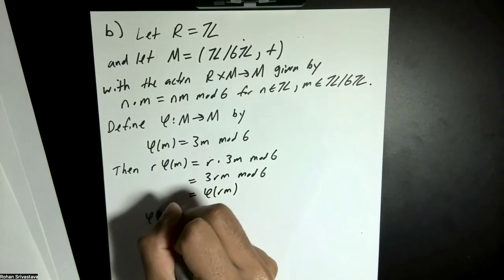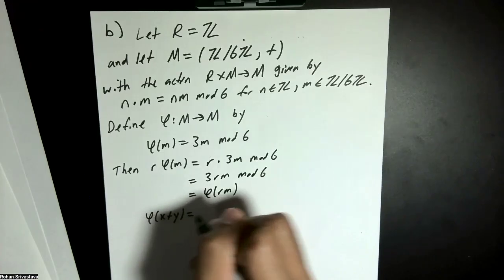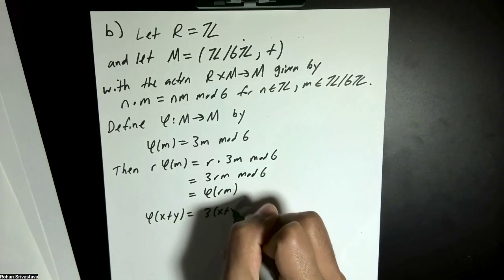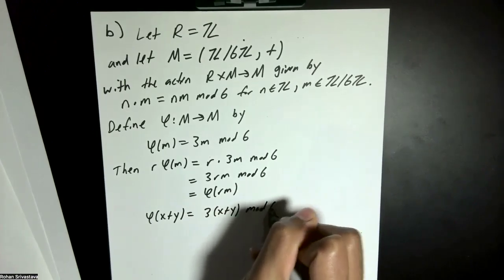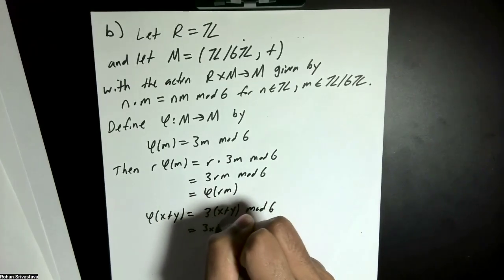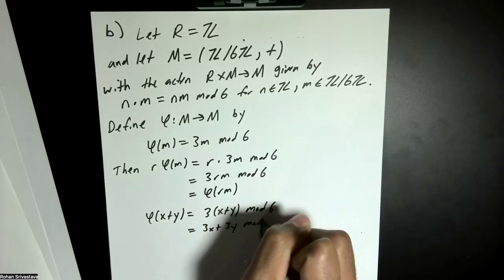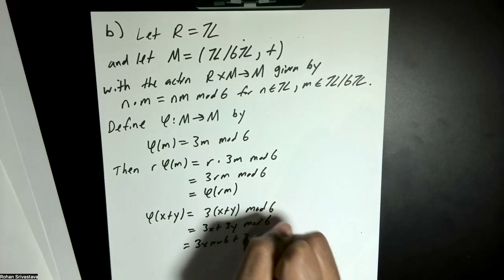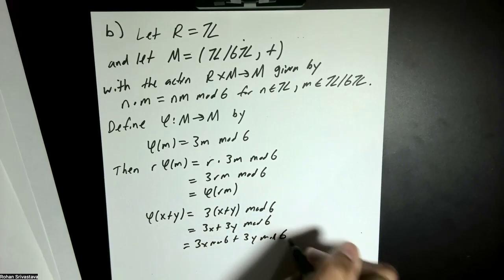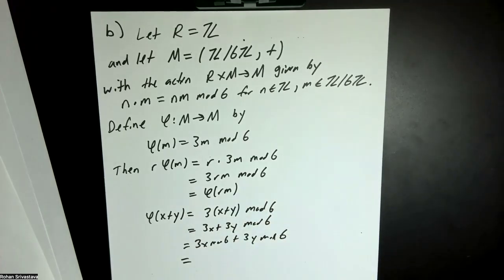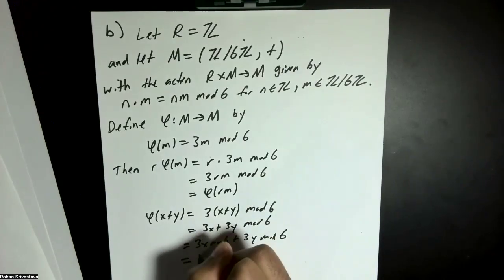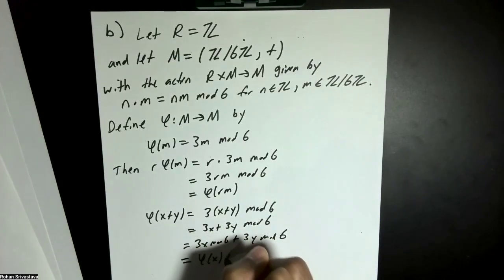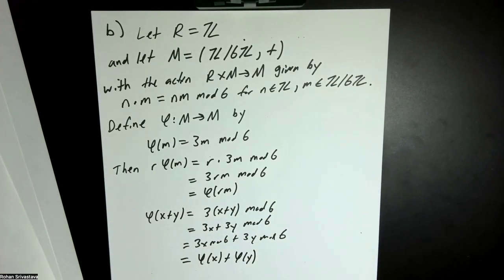And also phi of x plus y is equal to 3 times x plus y mod 6, which is 3x plus 3y mod 6, which is 3x mod 6 plus 3y mod 6, which is phi of x plus phi of y. So phi is an R module homomorphism.